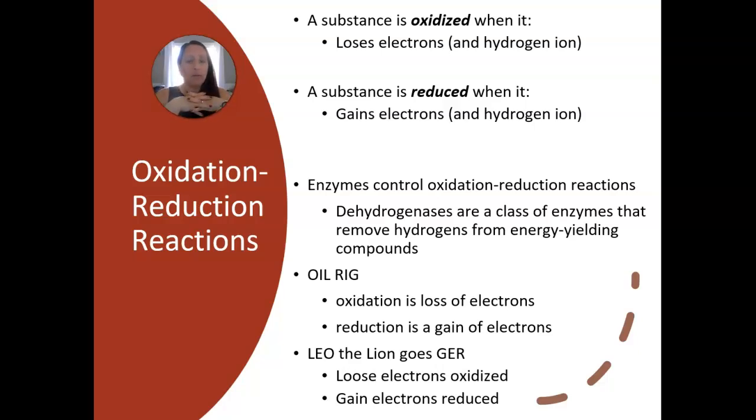I remember oxidation reduction, I've heard both of these. So OIL RIG: oxidation is loss of electrons, reduction is gain of electrons. Or some students have told me LEO the lion goes GER: lose electrons oxidized, gain electrons reduced. Whichever one you like better, pick it. It'll help you remember the difference between the two.